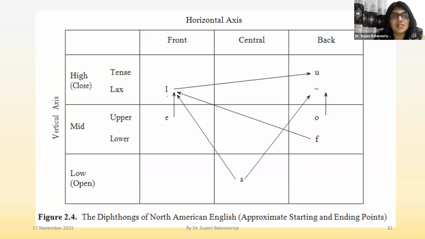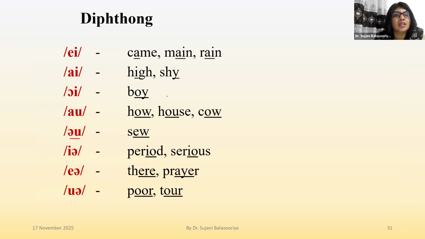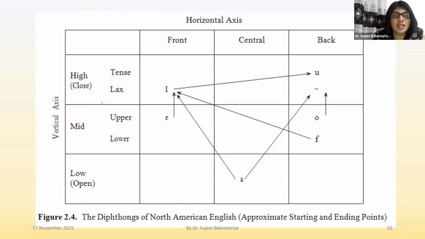Now, what do you think about the first diphthong? That is "ei". Look at the first one only. You just try to understand it. When you produce the first diphthong, what happens? "e" is the starting vowel, right? And where is the tongue? The tongue is in the mid-level. Upper mid-level, lower mid-level. Likewise, there are two mid-levels.